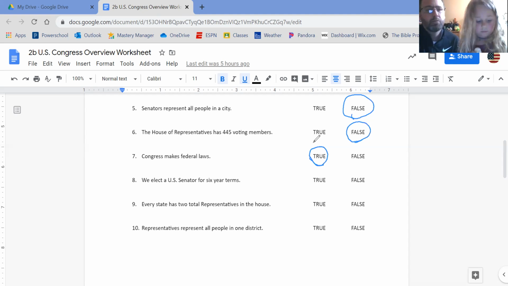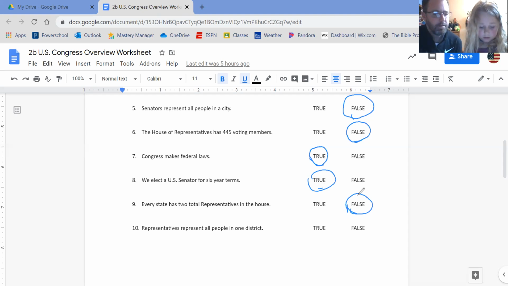Okay, number 8, we elect a U.S. senator for 6-year terms. True or false? True. Number 9, every state has two total representatives in the House. That would be false. The total number of representatives is based on the population in the state.